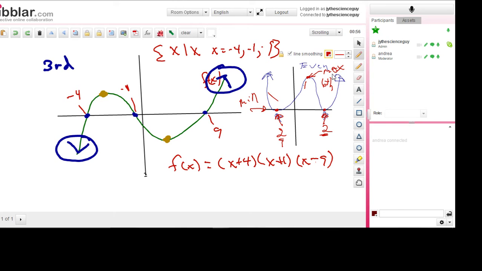Right. Perfect. That's a perfect way of saying it. Yes. To find the degree. So if they asked you how many turning points, I'd say 3, but then if I want to find the degree, I just have to consider the multiplicity. Right. And multiplicity is shown by this.